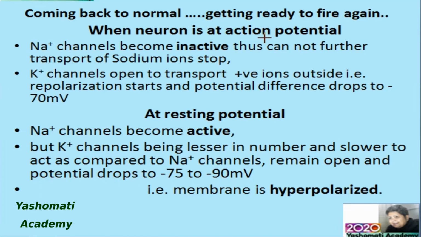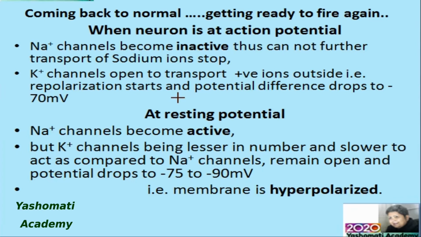At action potential, the sodium channels become inactive, so they cannot further transport sodium ions, and the potassium channels are open and transporting positive ions toward the outer side. They are responsible for repolarization of the membrane and for bringing the potential difference down to minus 70 millivolt.